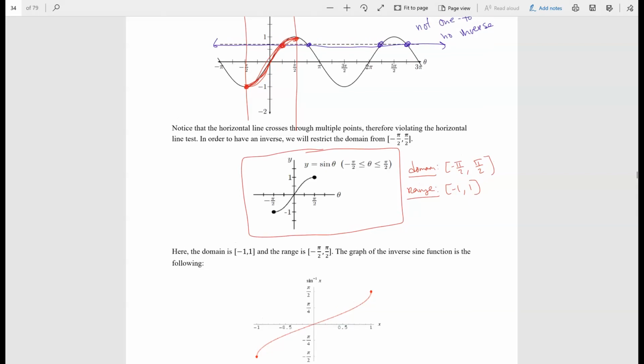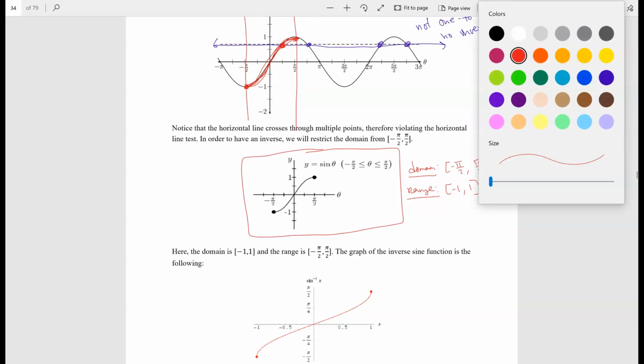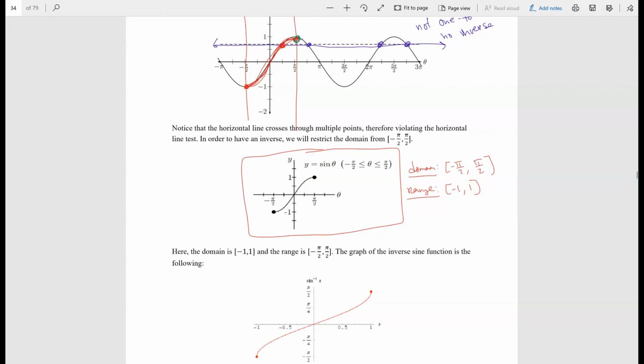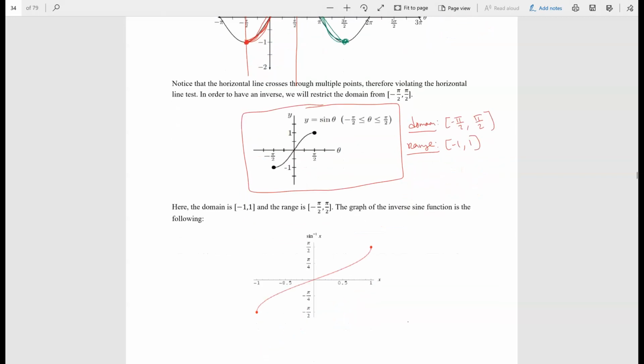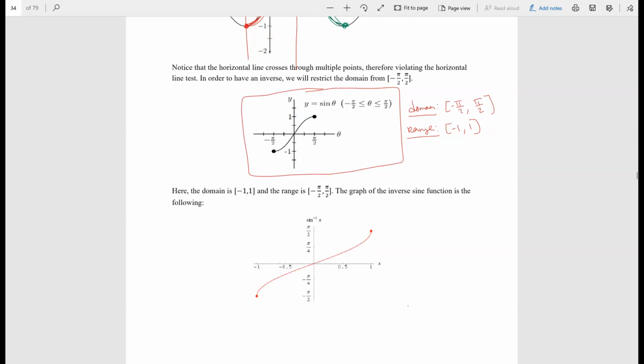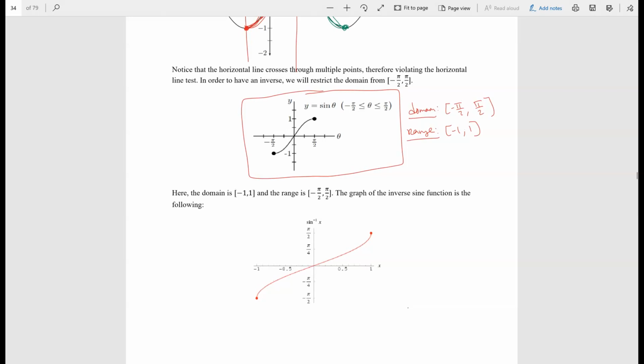Notice that I could have chosen any other part. I could have chosen this graph from pi over 2 to 3 pi over 2, or this part. But just for simplicity, we're just going to choose that guy. So this is going to be my new sine function. Now, because there's a restriction in the domain, what I'm going to do is swap the coordinates.